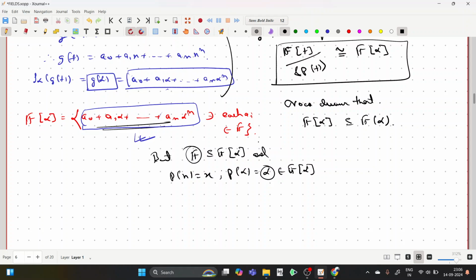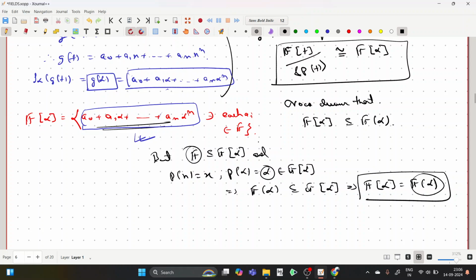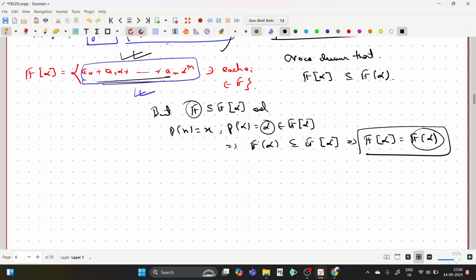Therefore this implies F round bracket alpha must also be contained in F square bracket alpha, which means that F square bracket alpha is equal to F round bracket alpha, and hence we have given a well defined structure to F round bracket alpha. That is, it is just the collection of elements which are polynomials over F, with the indeterminate being fixed to the element alpha. Clear?